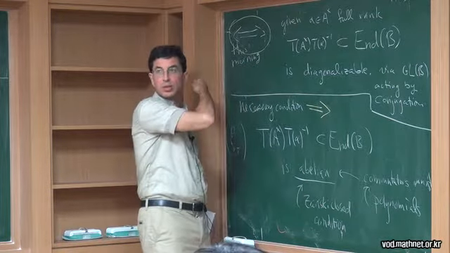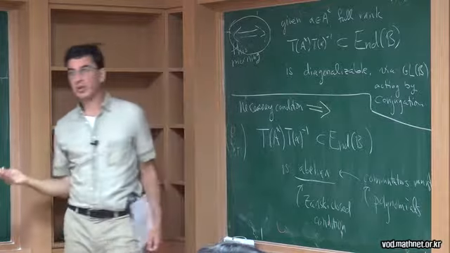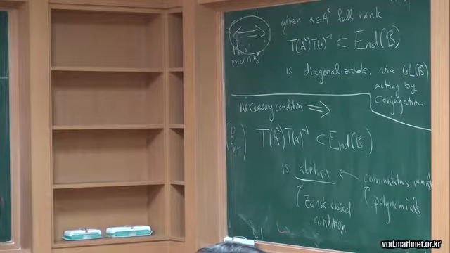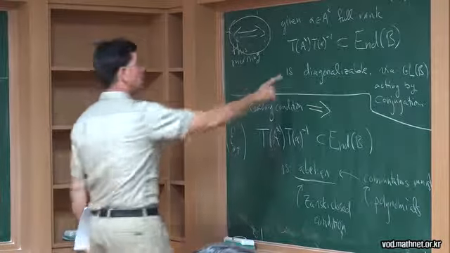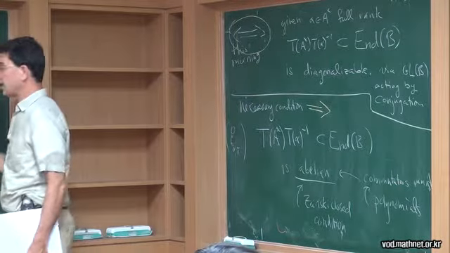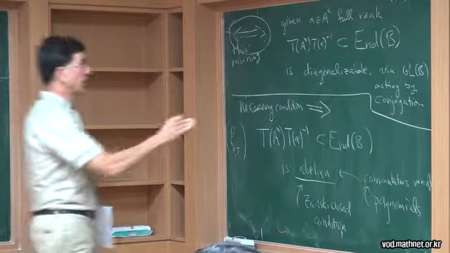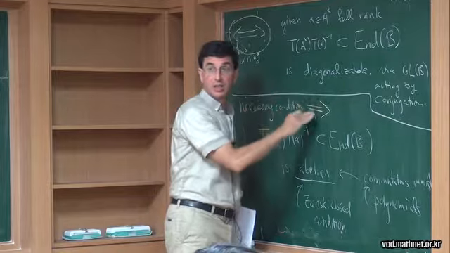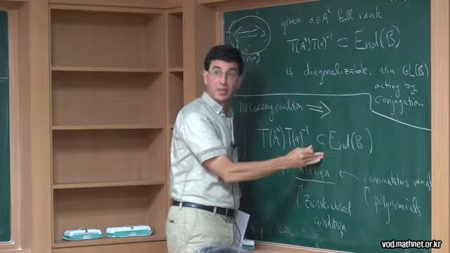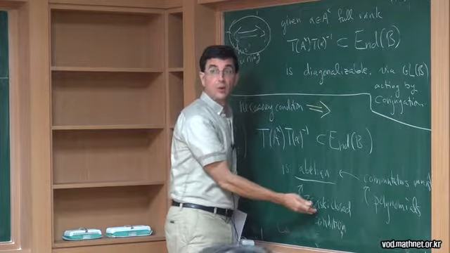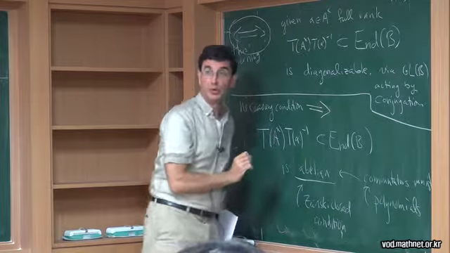But it's not true in the other direction. For example, it could have border rank M, but not rank M. So all of these conditions are not Zariski closed conditions. But this implication of these equivalent conditions is Zariski closed, and therefore it actually says something about border rank.